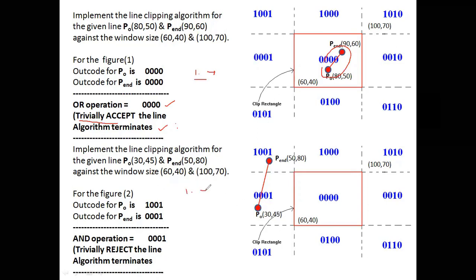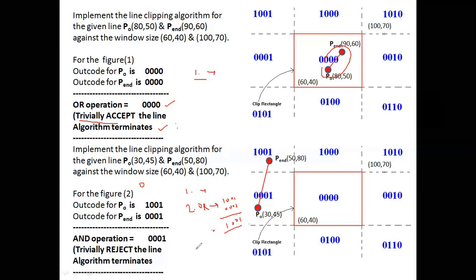Codes are assigned and outcodes are assigned to the endpoints. Second step is to perform the OR operation between the two endpoints. जब हम OR operation perform करेंगे तो क्या होगा, इसमें हमें क्या मिलेगी, नॉन जीरो वैल्यू. 1001 and 0001. Okay, so it is a non-zero value. So in the OR operation it means it cannot be trivially accepted.